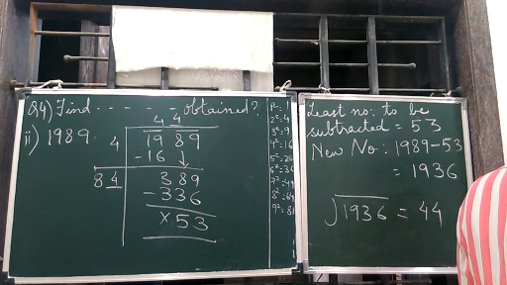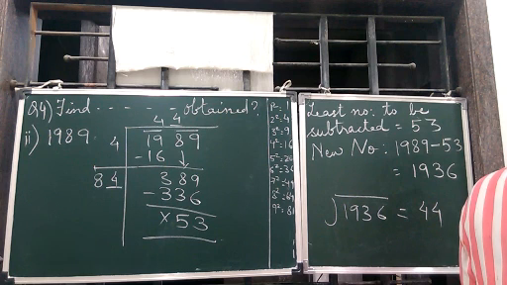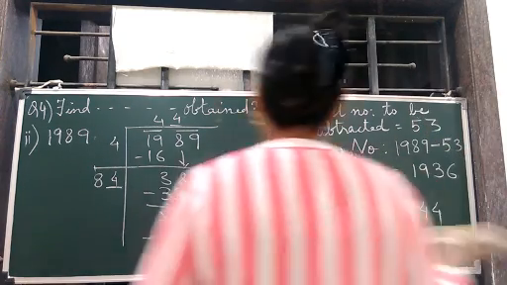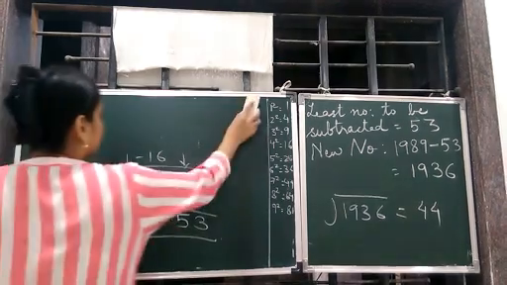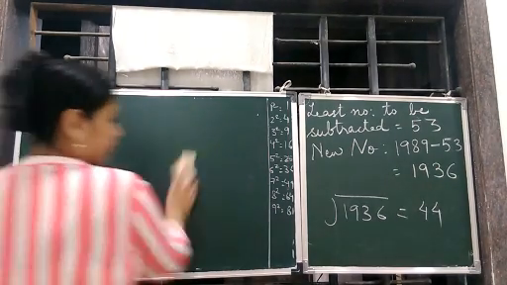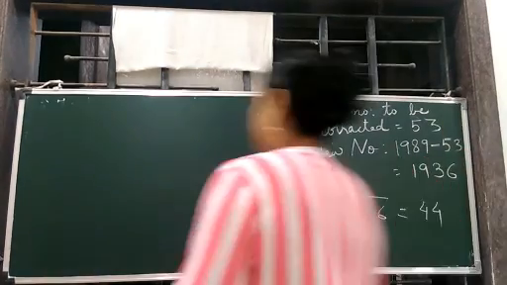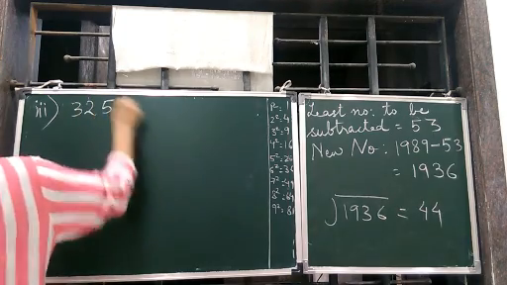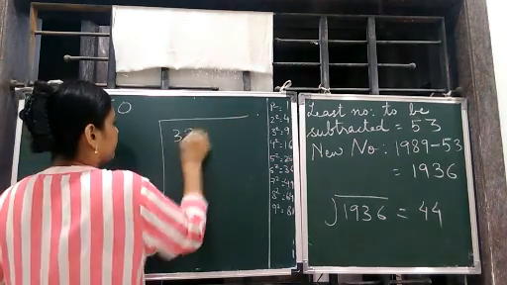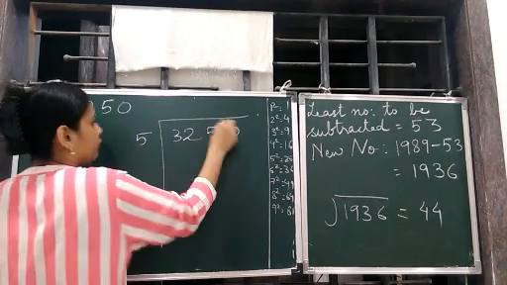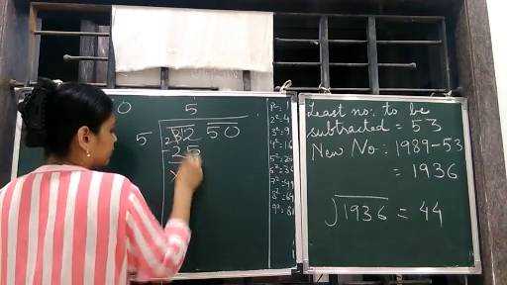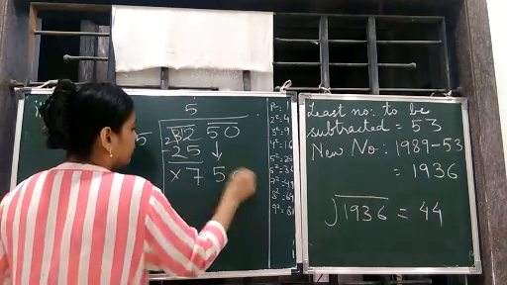Sorry. Now we start with the third one. Third one is 3250. So it will go by, you make the bars, 5 5s are 25, 50 comes down.